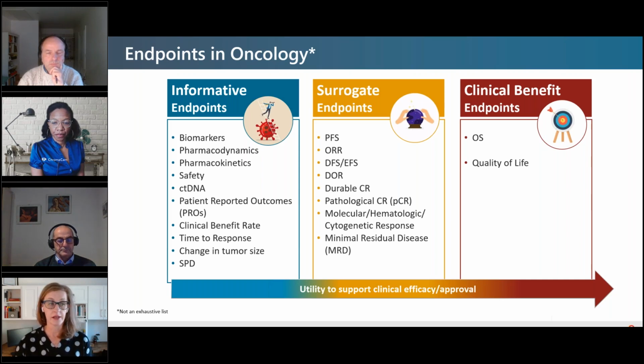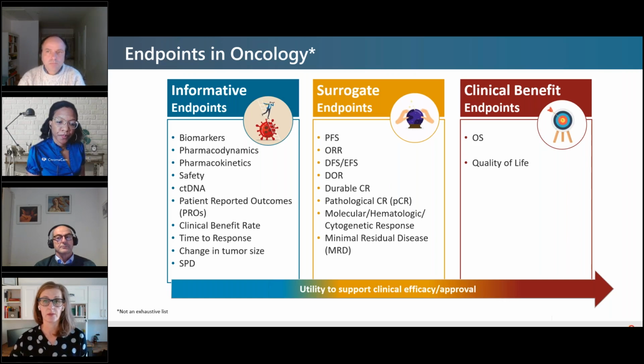Biomarkers may include pharmacokinetics, circulating tumor DNA, blood tests or tissue samples, as well as imaging results. These informative endpoints can assist in understanding the characteristics of an asset, but alone are not sufficient to support clinical decision-making for approval purposes. Their utility for dose optimization is important, and we will come back to that in a moment.